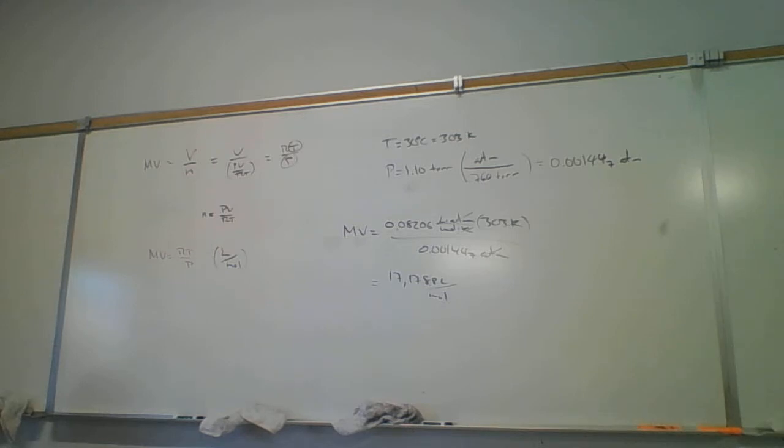The volume of this box is 17,000 liters, 17.1 times 10 to the 3rd liters. And how much would this weigh? This would weigh 4 grams, because a mole of helium weighs 4 grams.